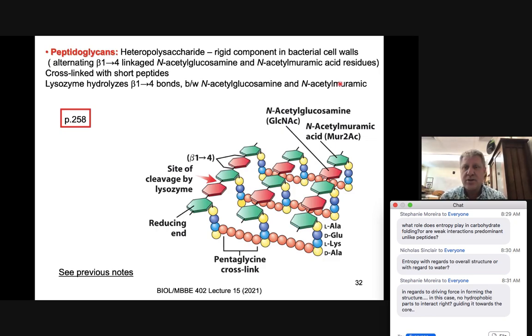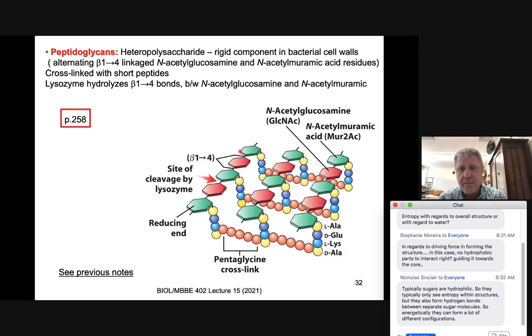And how they do this is they have these recognition sites, in regards to the addition of amino acids and these carbohydrates. And as we know, there are enzymes, such as lysozyme, which is secreted in tears and various secretory material, that have the capacity to degrade these carbohydrate interlinkages and weaken the cell wall of the bacteria.